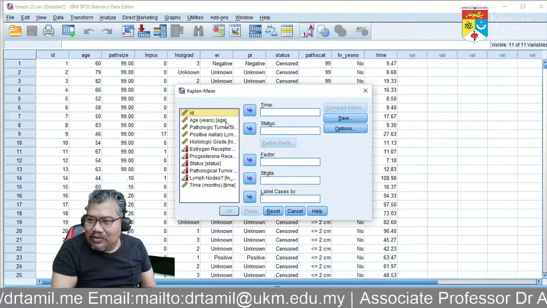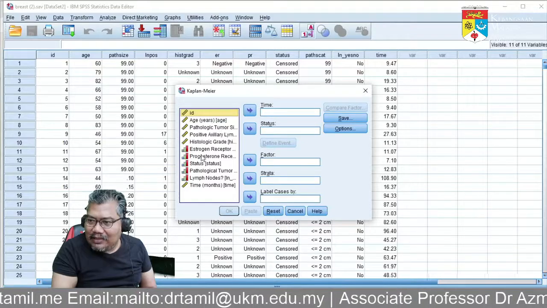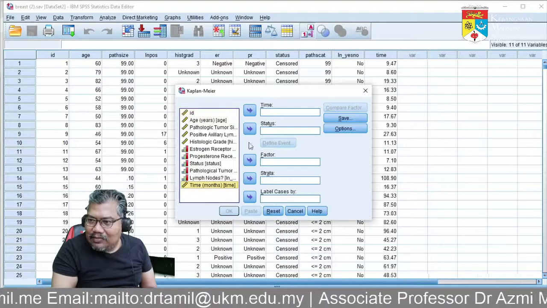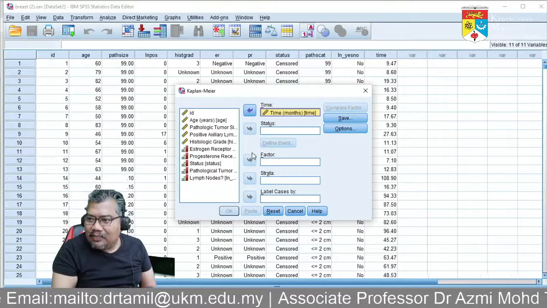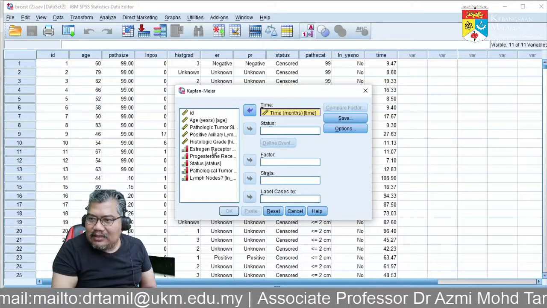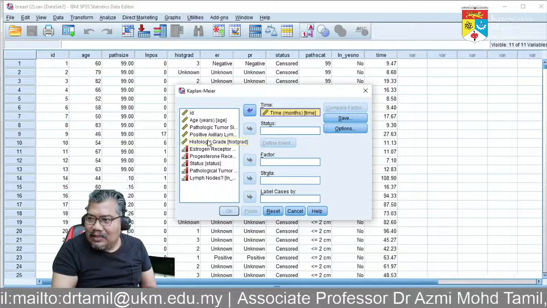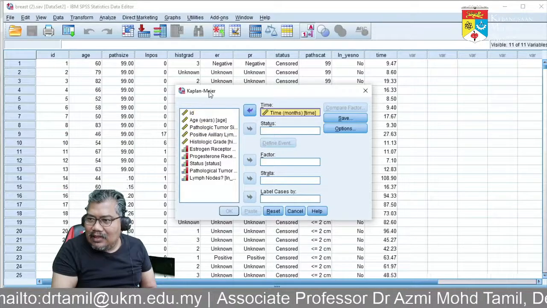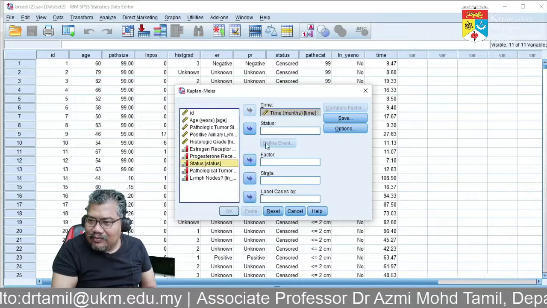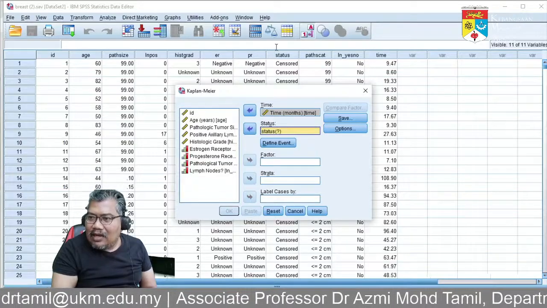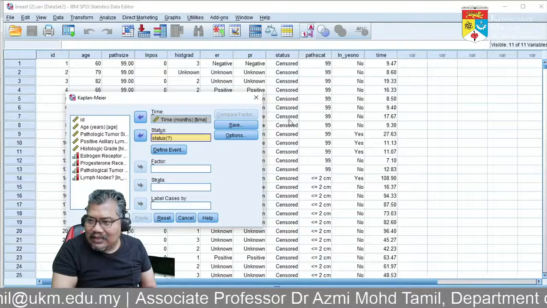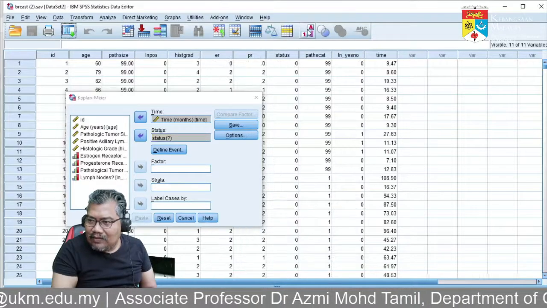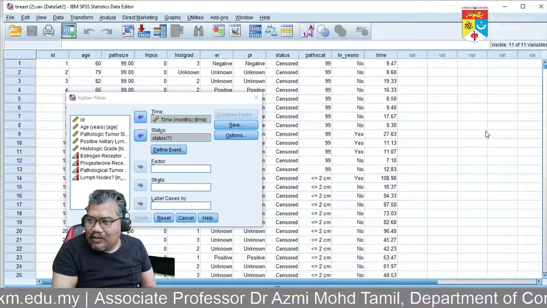So let's run the analysis. The time here is the time of survival. Status is whether the patient is dead or alive. How do we know the coding for status? You can see the word censored there, it is 0.